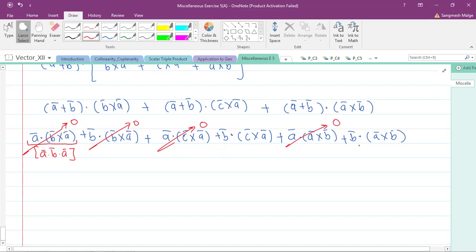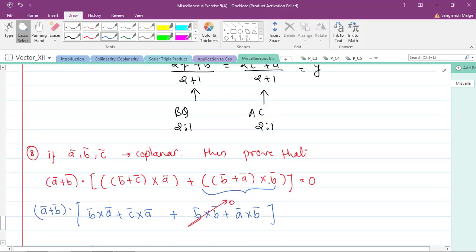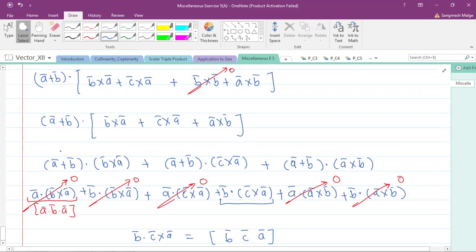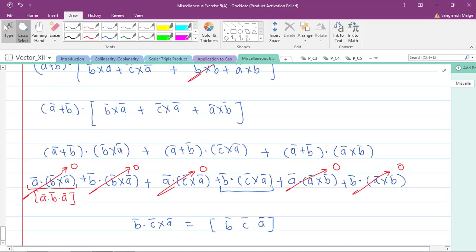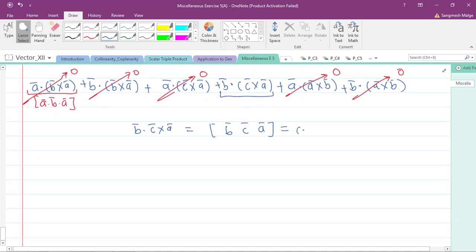So this is again equal to 0 and this is again equal to 0. Okay, now what is remaining then? Only this part is remaining. What is that? It is b bar dot c bar cross a bar, which is nothing but the box product of b bar, c bar and a bar. And what is given? The condition is that these three vectors a bar, b bar, c bar are coplanar, and you know that if the vectors are coplanar, then their box product is equal to 0.